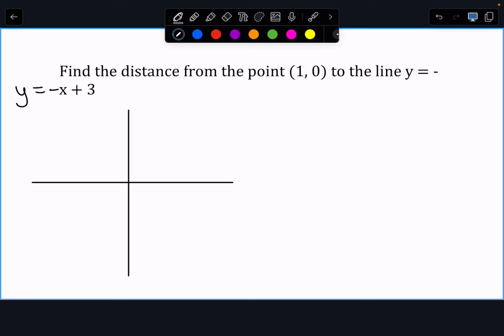Okay, so let's talk about how we graph this line. What do we graph first? The y-intercept is 3. And we're going to go down 1 over 1, down 1 over 1, down 1 over 1. There is our line.